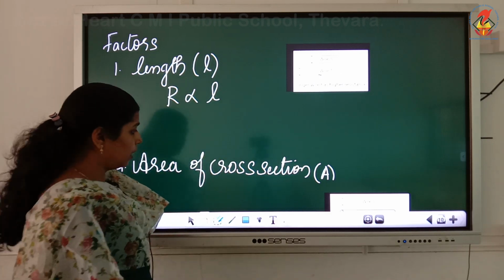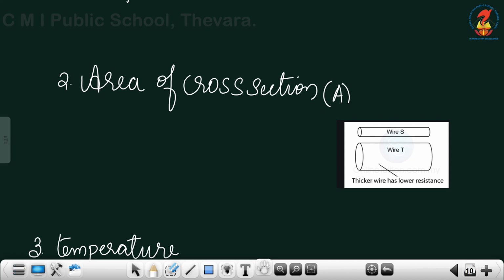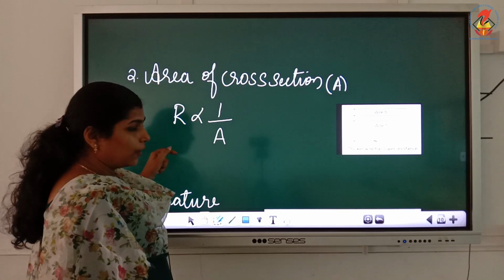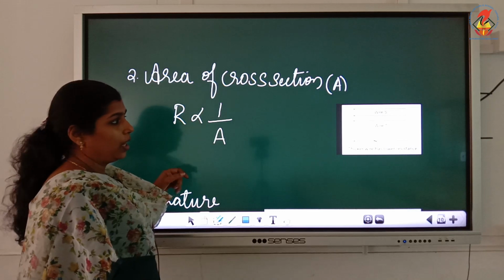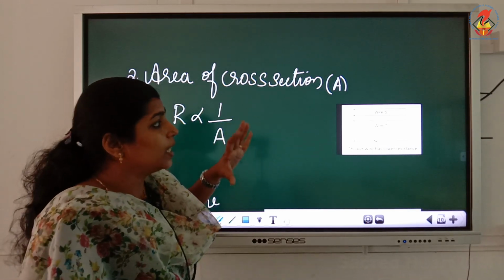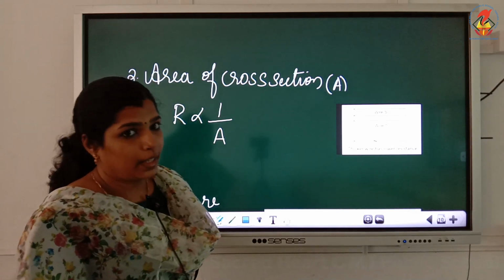Now, second factor, that is the area of cross section. So, R is proportional to 1/A. Means, when area increases, the resistance will decrease. Means, as the thickness increases, then the resistance decreases.